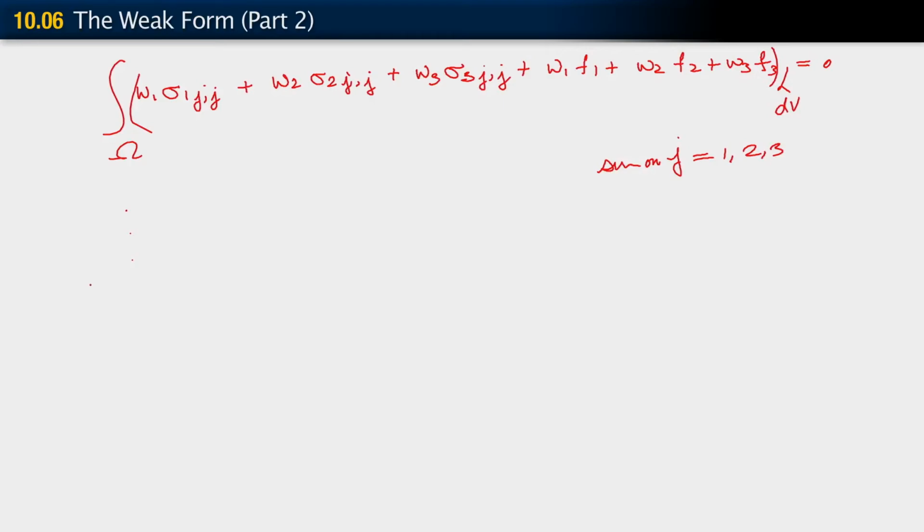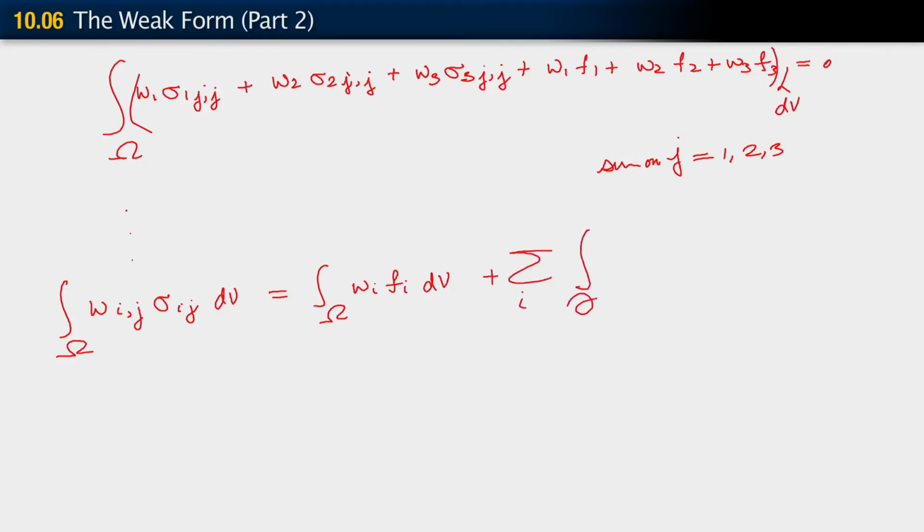What we end up with is a term where we have the integral over omega of wi comma j sigma ij dv equals the integral over omega of wi fi dv plus the sum over i of the integral over the boundary of wi t bar i.